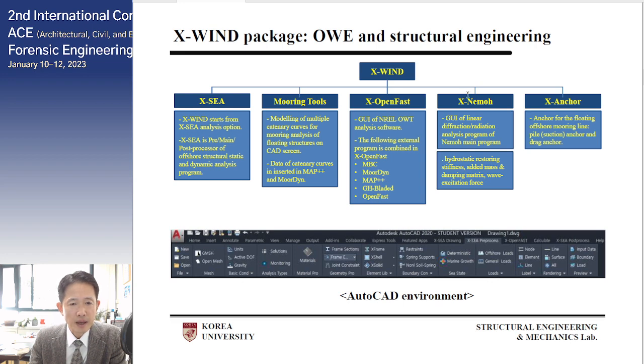XNemo is for the analysis of the behavior of the ocean, like wave and current, by means of diffraction theory. And X-anchor is specially used for the anchoring behavior, and it provides support conditions to the mooring tools. All these 5 different modules form the X-Wind package, and the individual modules can work independently, or all together in the X-Wind platform.